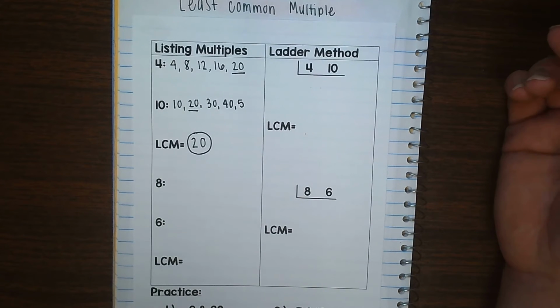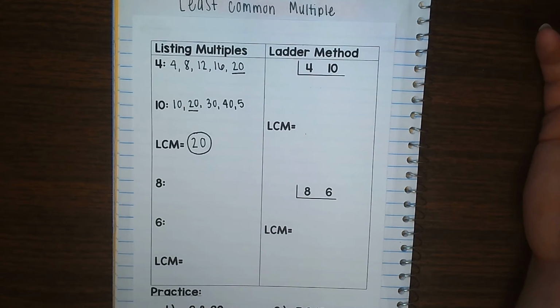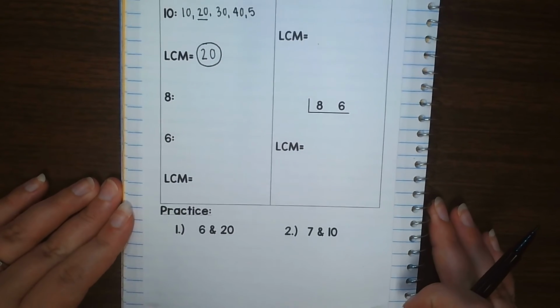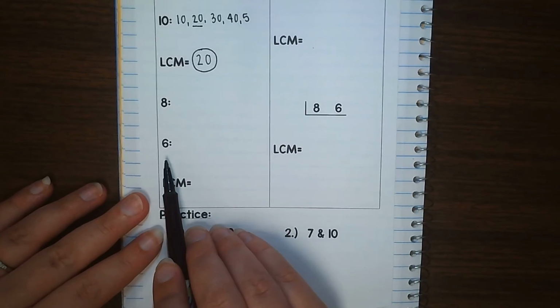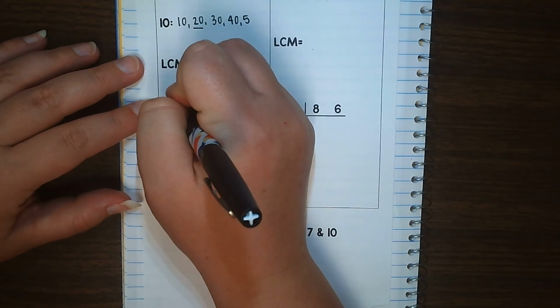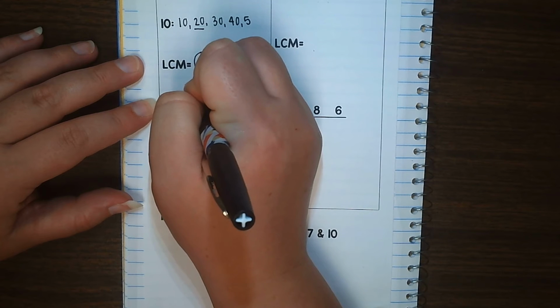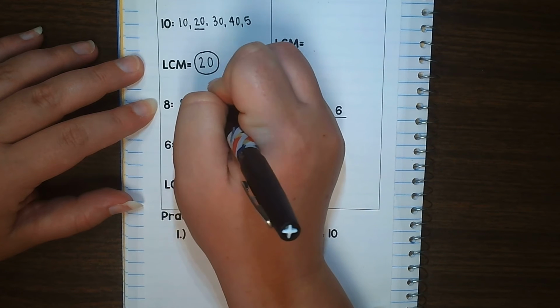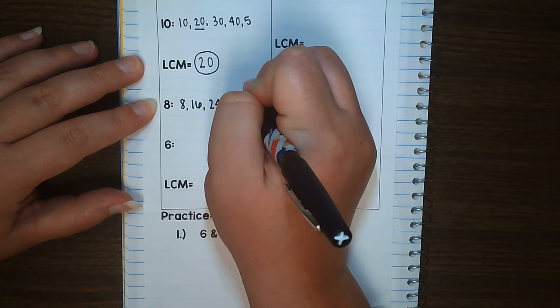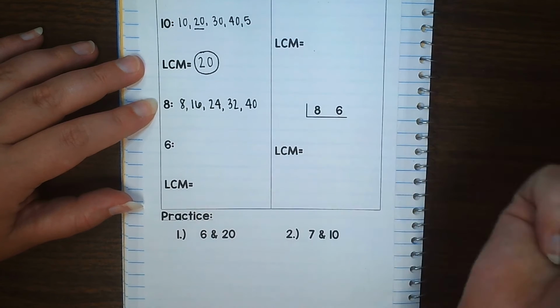Now, if our numbers were much larger, which they will get much larger, then listing them out would be quite a task. So same thing with 8 and 6. The first 5 multiples of 8 are 8, 16, 24, 32, and 40.